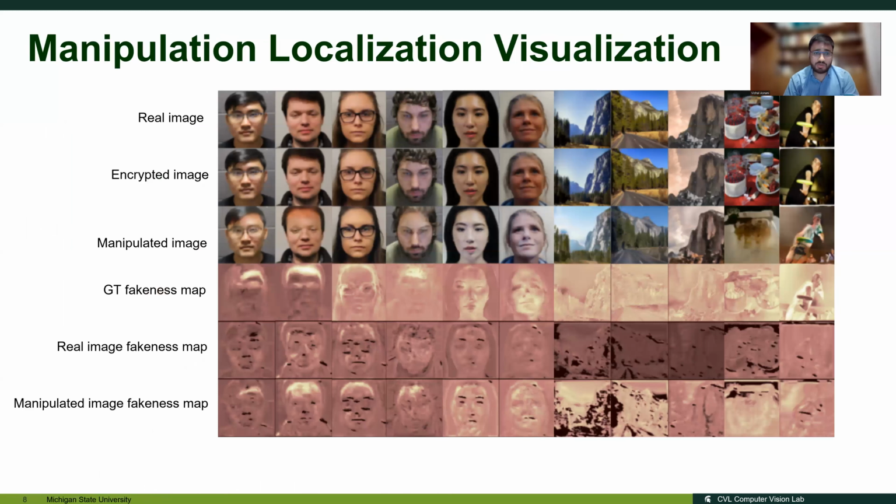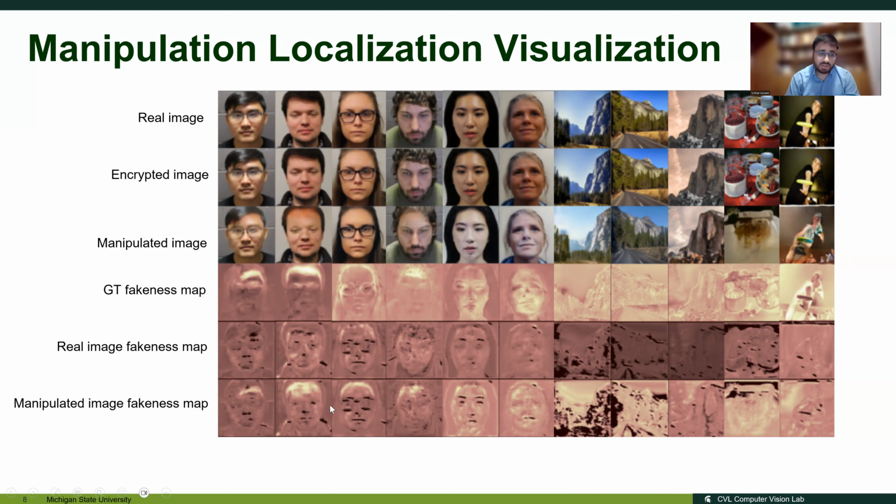Here's the visualization of the model's performance on different datasets, which consist of faces and non-face or generic image datasets. We can see that the fourth row consists of the ground truth fakeness maps, which are the absolute difference between the second and the third rows.